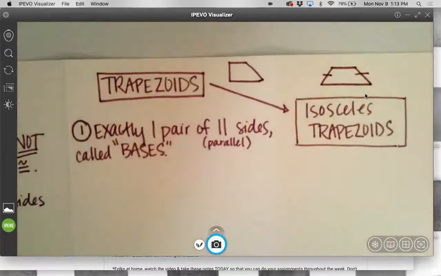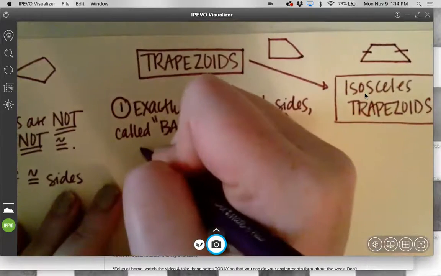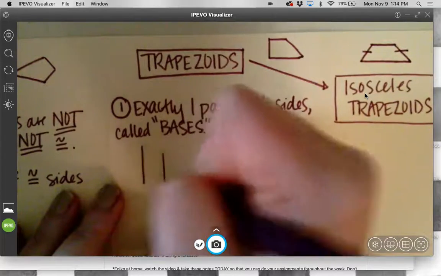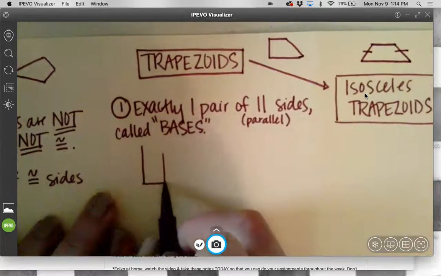Now, base does not have anything to do with what's on the bottom. It's a little bit weird because normally we would think the base of something needs to be the bottom. But in trapezoids, the bases are just the parallel sides. So I'm going to draw a trapezoid intentionally where the bases are not on the bottom.